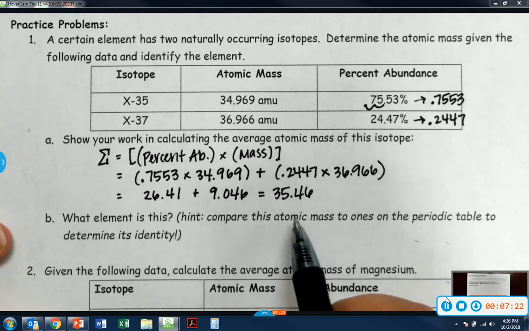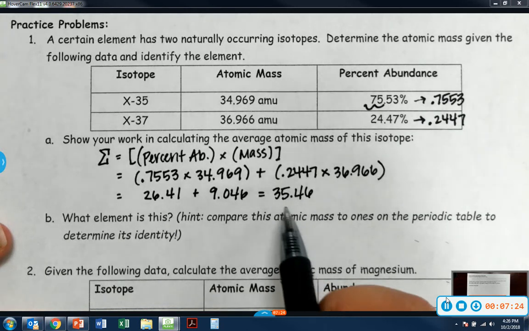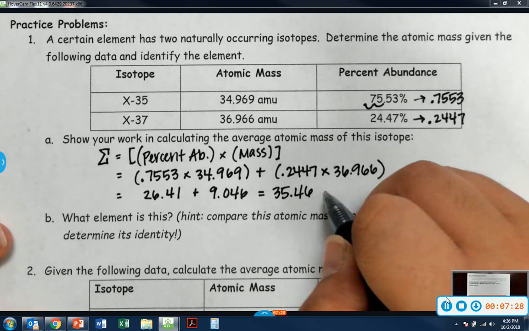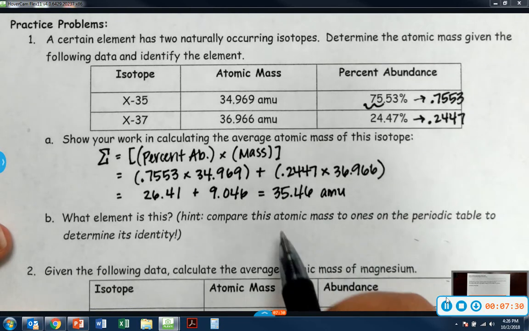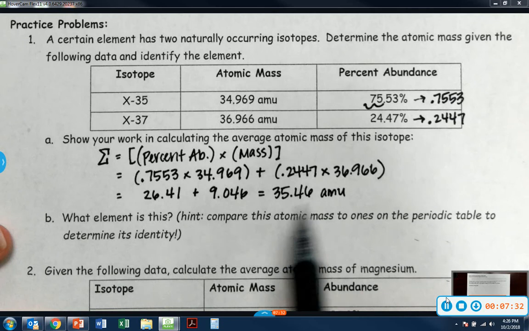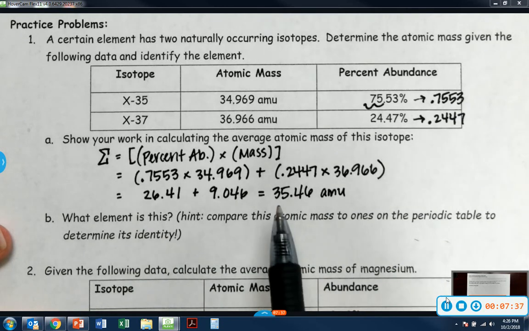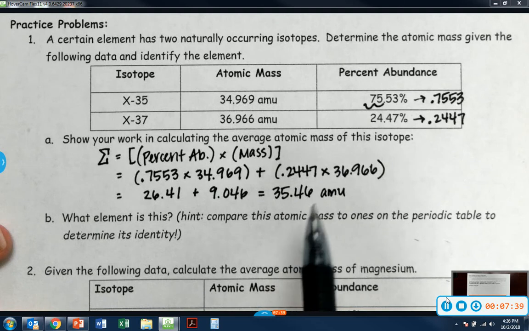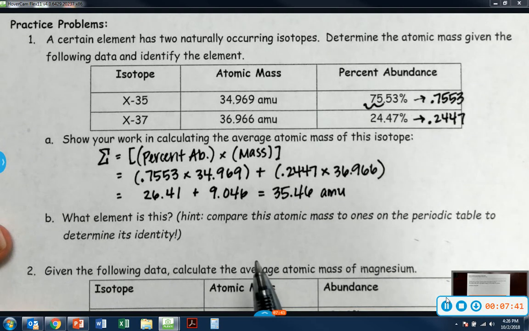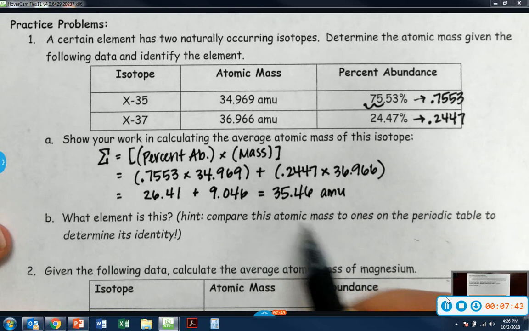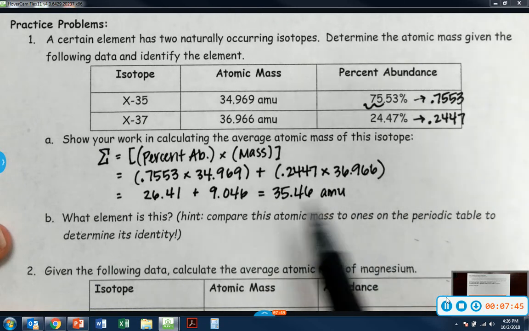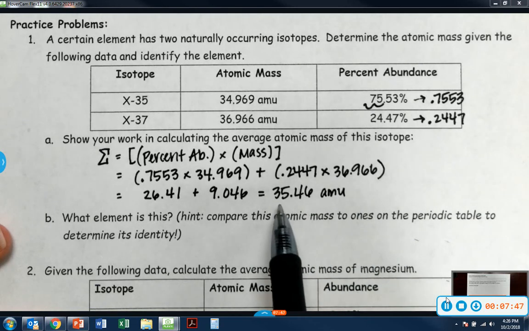Now remember, this is a science class, so our numbers always have to have a unit once we're done calculating. So the average atomic mass of this unknown element is 35.46.